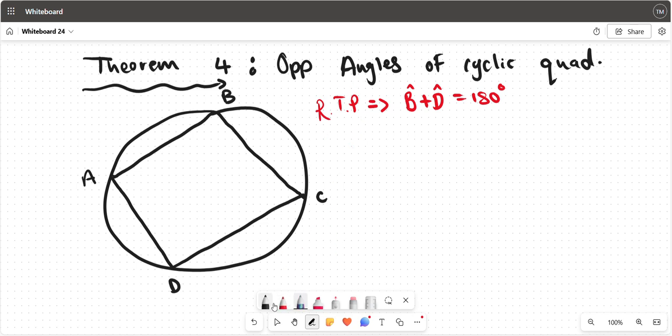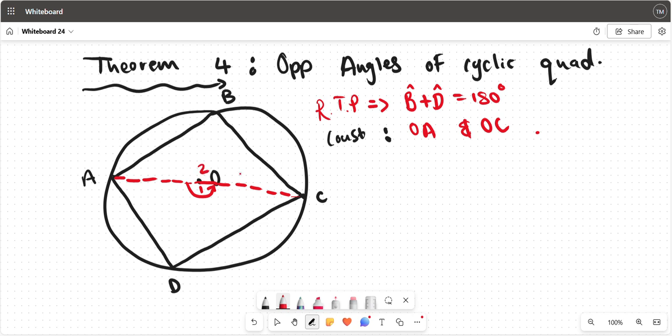Again, I need to do constructions. So let's construct. We have a center here, which is O. We're going to construct a line OA, I'm going to put a dotted line, and we're going to construct another line OC. Then we're going to use the previous law to say that this angle here, let's call it O1, and call this O2.